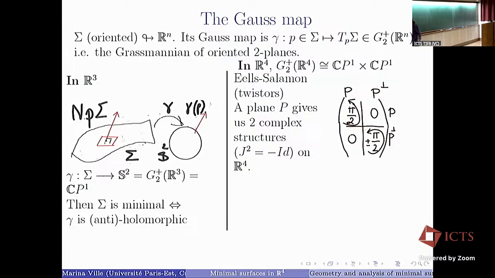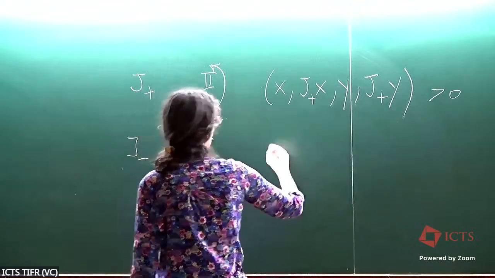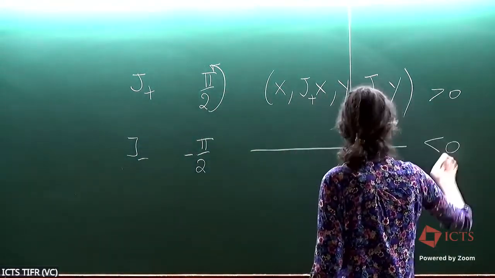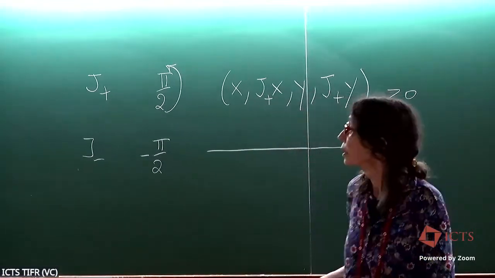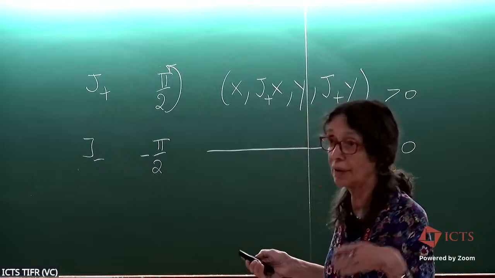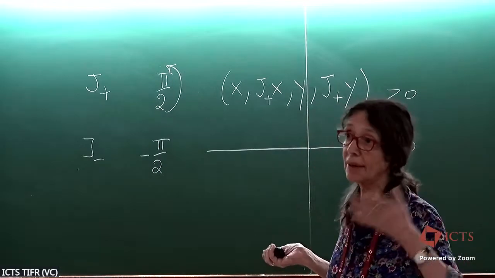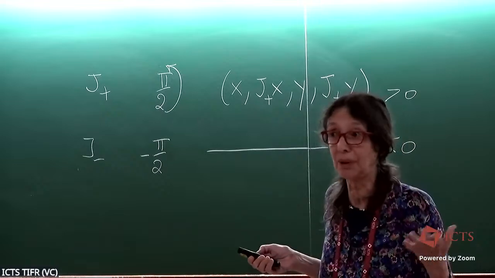If I have J plus with the orientation pi over 2, that means that if I have a basis of R4, it's a positive basis, and for J minus, with minus pi over 2, the same basis will be negative. I've said this is classical and old, but still feel free to ask questions if it's not clear.